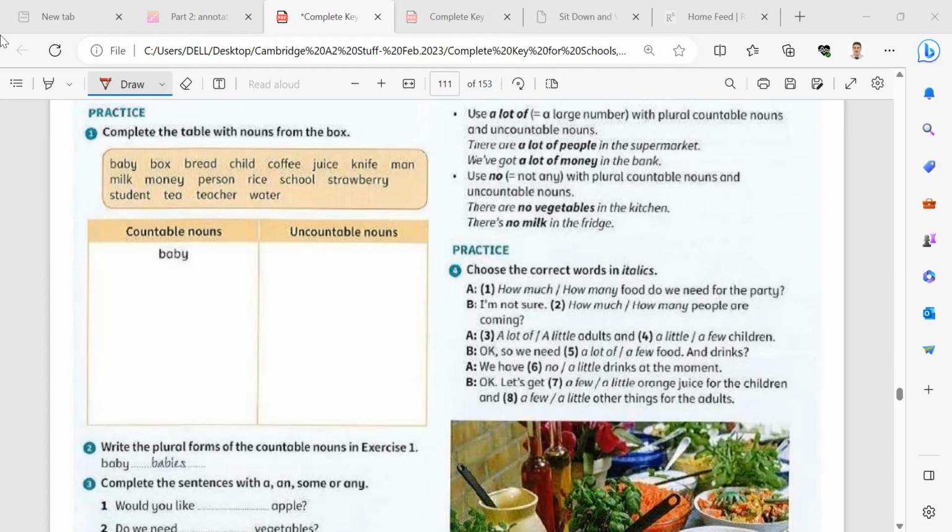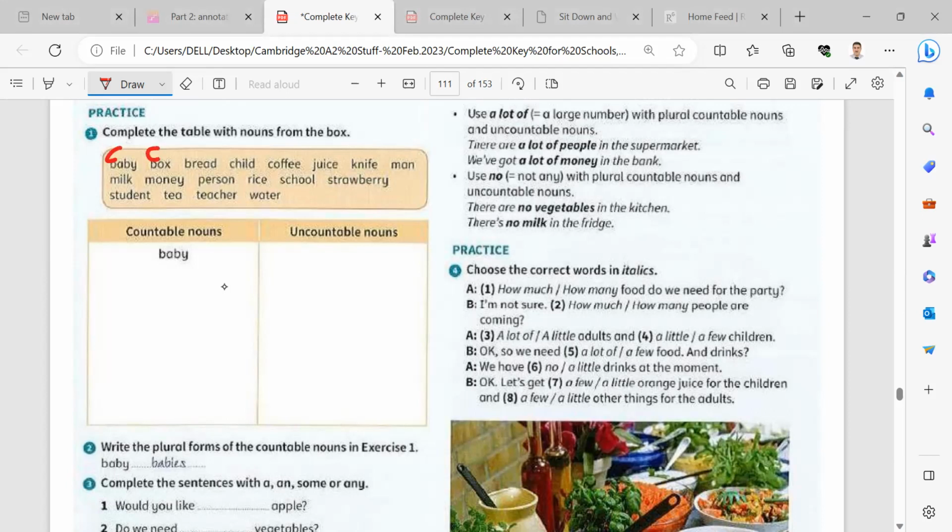I finished, teacher. Yes, read your answer, please, Nawaf. Let me write C if it is countable and U if it is uncountable. Box, countable.